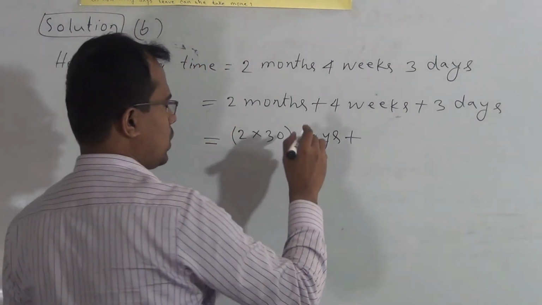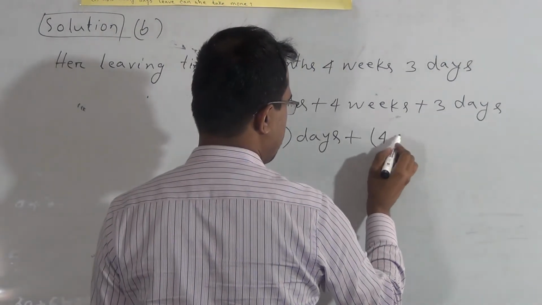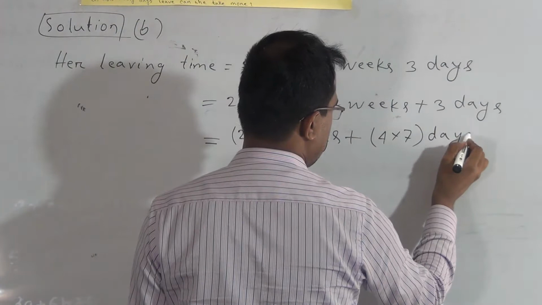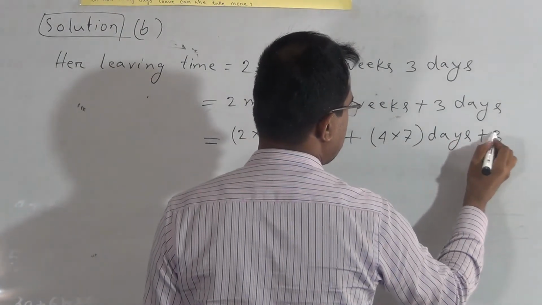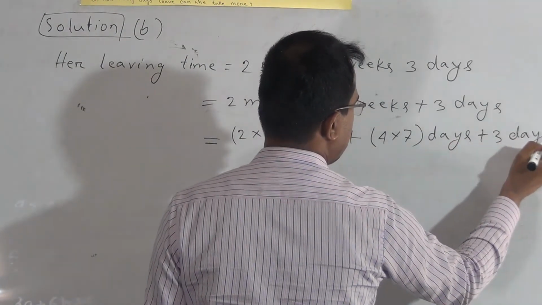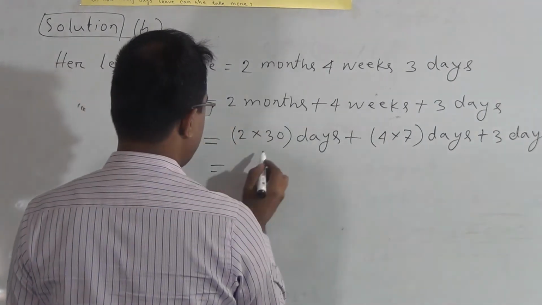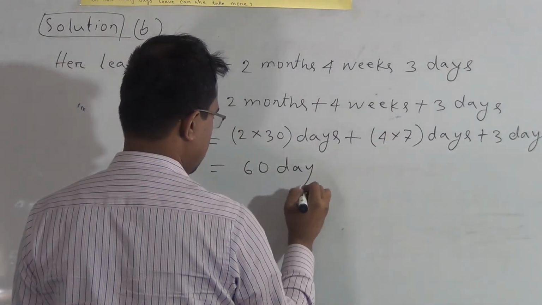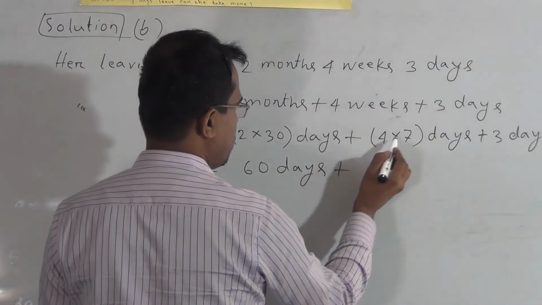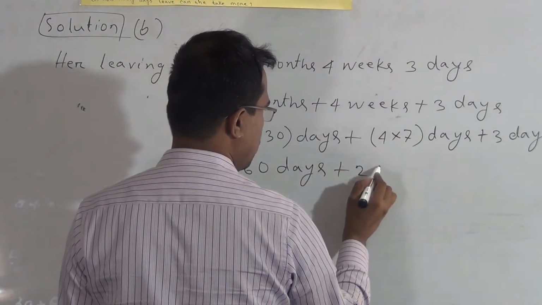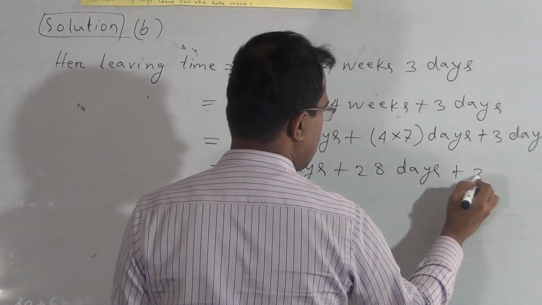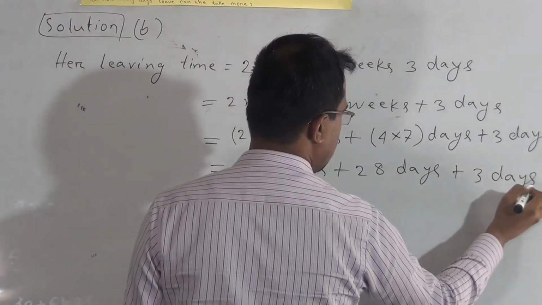So 4 weeks is equal to 4 times 7, and we have to write days. Another 3 days exist here. This is equal to 2 thirties are 60 days plus 4 sevens are 28 days plus another 3 days.